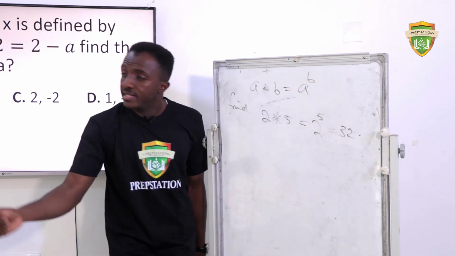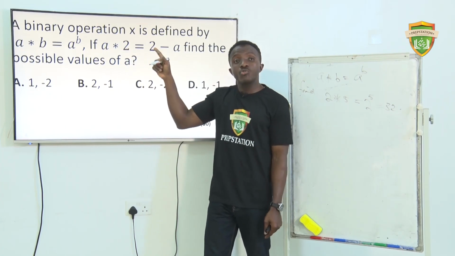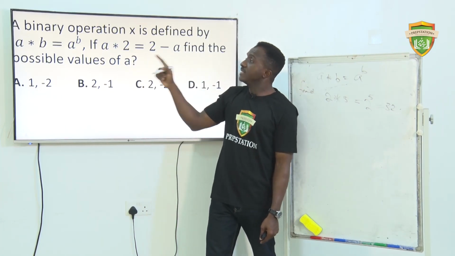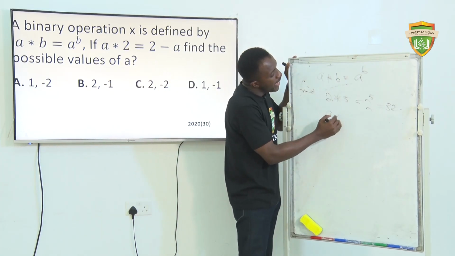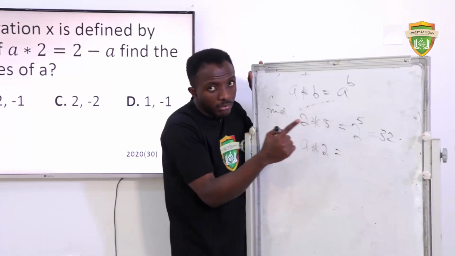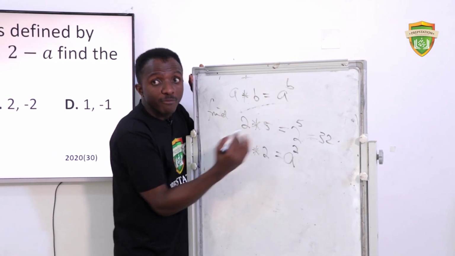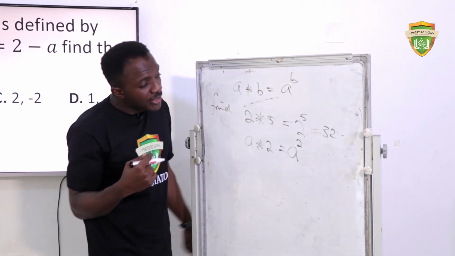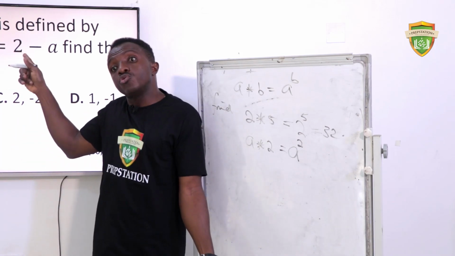Now, the question says, if a star 2 is 2 minus a, find the possible values of a. Now, what do you think a star 2 will give us if we follow the law? a raised to the power of 2. But the question says a star 2 is also 2 minus a.